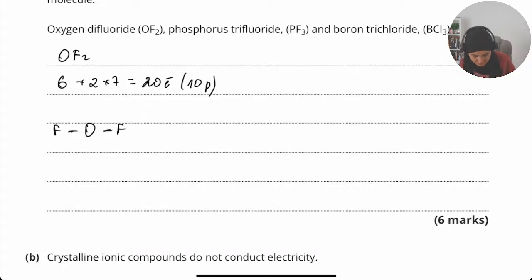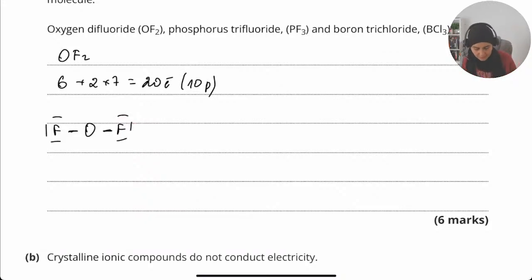You see, this fluorine has 1 bond. Octet is 4 pairs, so it needs 3 lone pairs. This fluorine also has 1 pair now, so it needs 3 more.